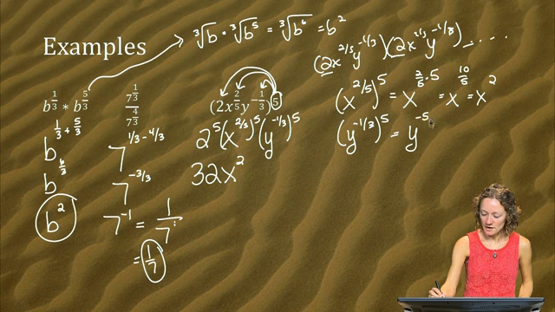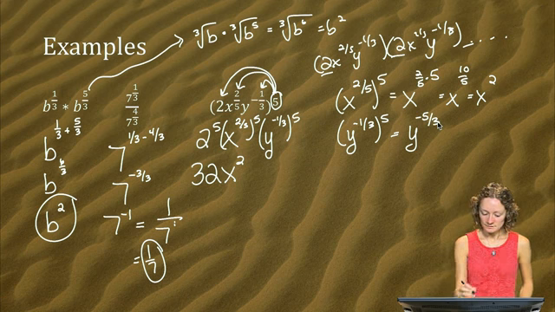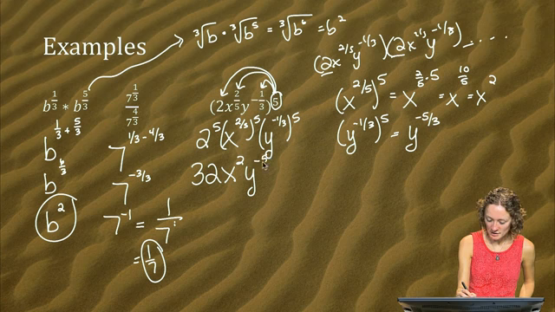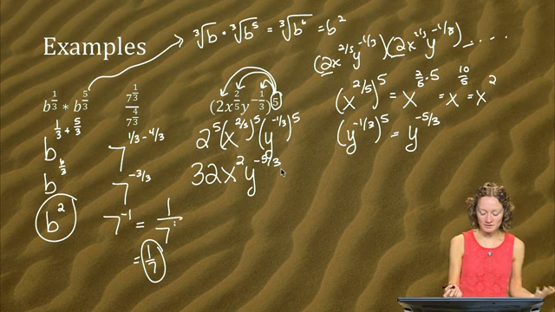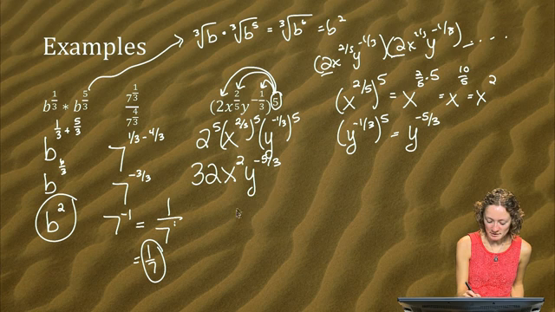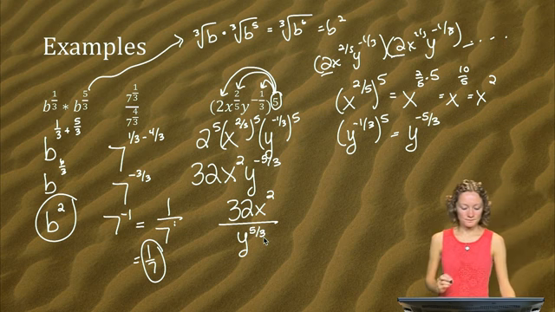We get negative 5 over 3. So sure, it comes back here. But then we can't present our answer with a negative exponent, so we flip its position. The 32 and the x squared can stay on top. The y comes to the bottom with 5/3.